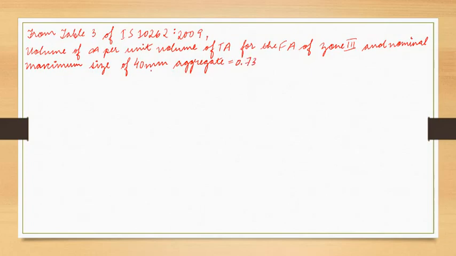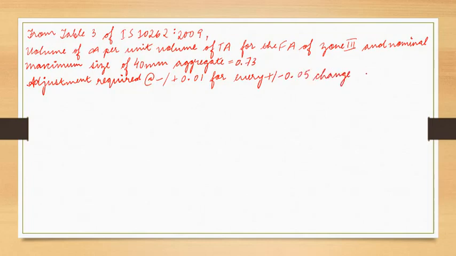Now what is the adjustment that we need to make? The adjustment is required at the rate of -/+0.01 for every +/-0.05 change in water cement ratio.